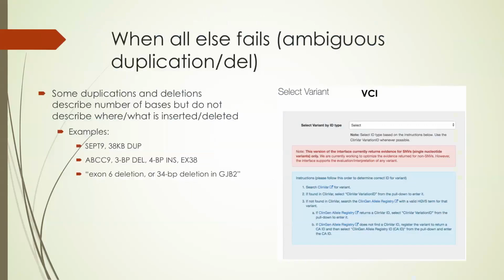If for whatever reason you can't use these tools to get an allele ID, then in the VCI you're kind of out of luck, because there's no other way to identify it. Hopefully there's a ClinVar ID that you can use to at least generate an interpretation, even though it only returns transcript information in the VCI for SNVs.